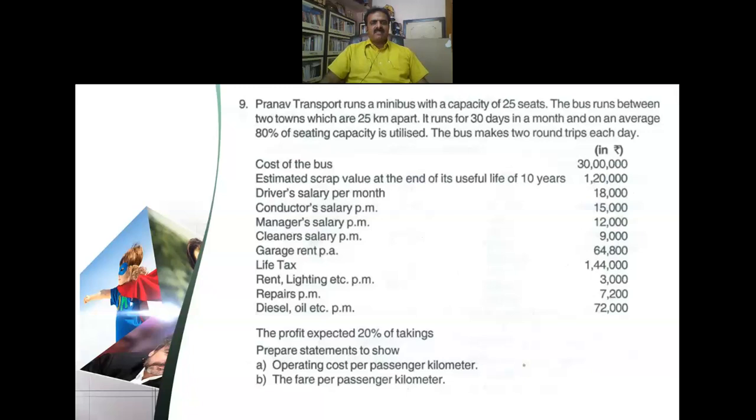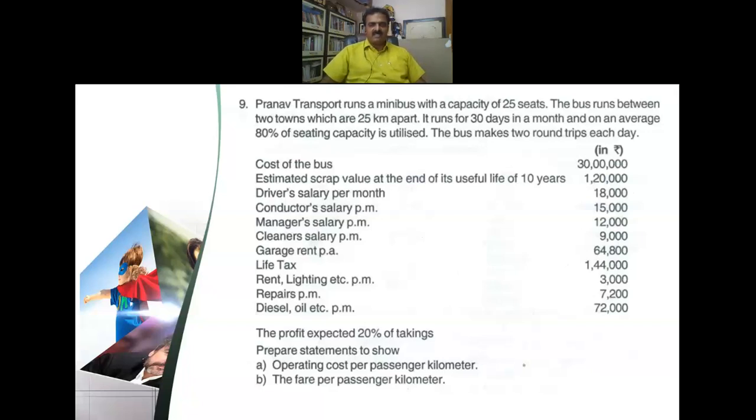Driver salary, conductor salary, manager salary, and cleaner salary, all four salaries for four different personnel, are fixed in nature because salary is a fixed component. Garage rent is given on a per annum basis. We need to calculate per month: 64,800 divided by 12 comes to 5,400.